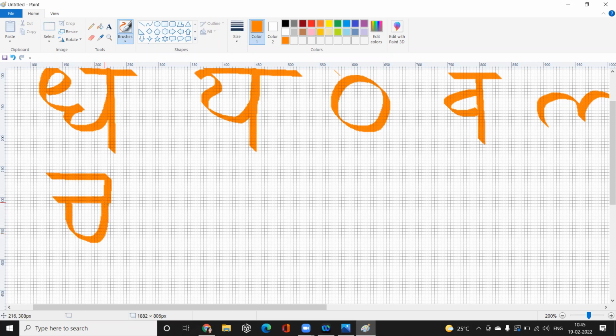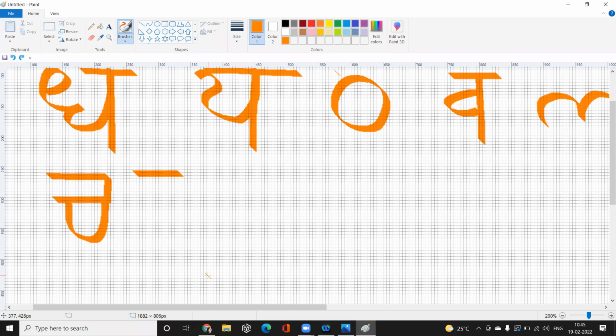Because this belongs to category B, it will follow this rule of being written like this. Okay, we will not write dha with ra like this, which ideally should have been, because we have learned that dha is written like this.